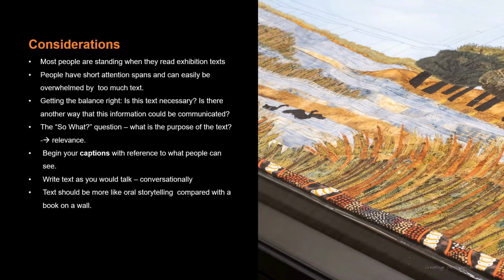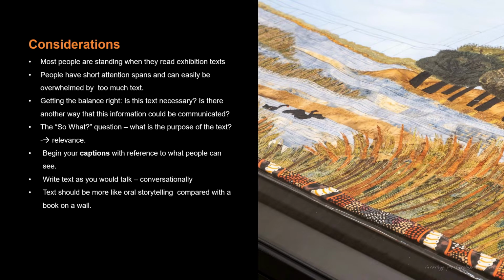There's also increasingly, as we touched on earlier, audio tours or other means of communicating storyline. You might have an in-person tour instead of really, really long or lengthy text.